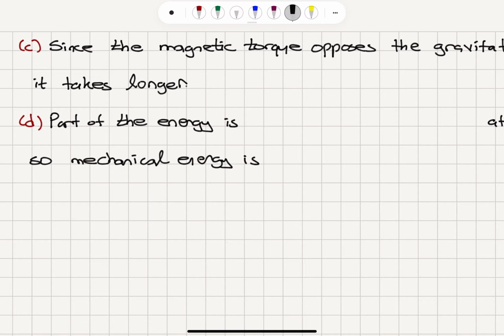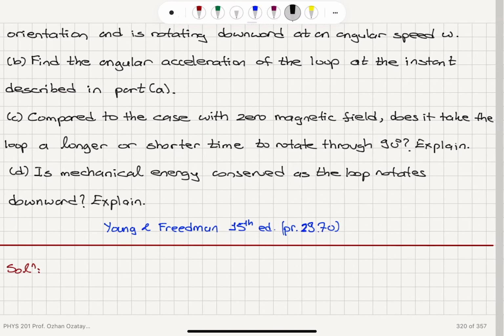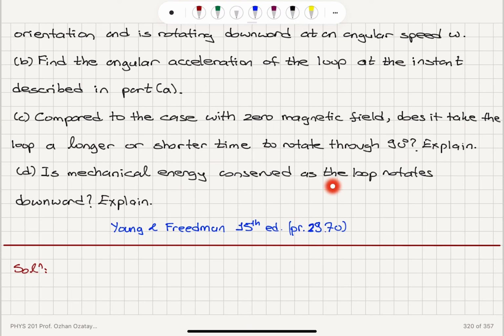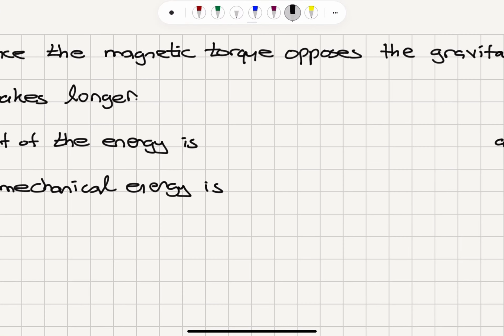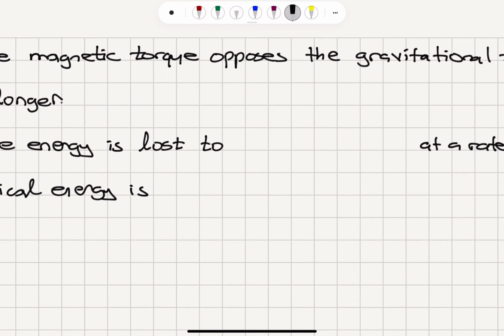Okay? And in part D, is mechanical energy conserved as the loop rotates downward? Explain. Well, part of the energy is lost. How is it lost? It is lost to resistive heating.